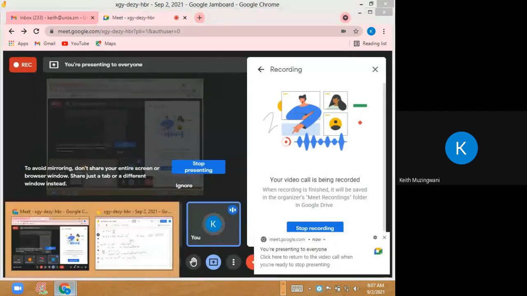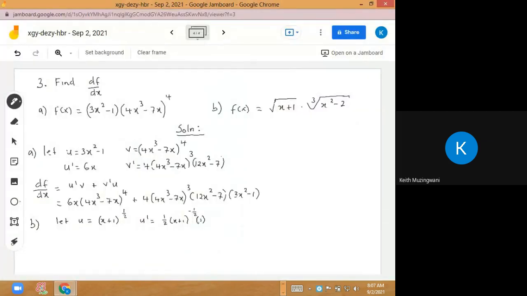So we get that, and then we let v be (x squared minus 2) to the power 1 over 3. The derivative of v is going to be 1 over 3 (x squared minus 2) to the power negative 2 over 3 multiplied by 2x, the derivative of the inside.